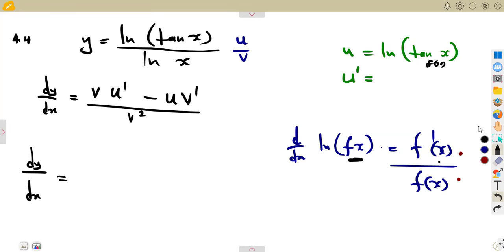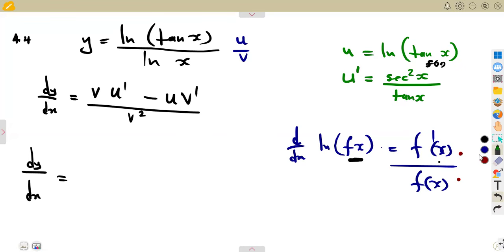Just go through your formula sheet, but the derivative of tan is sec squared. So that's sec squared x over what? The f of x, and the f of x is the tan of x.